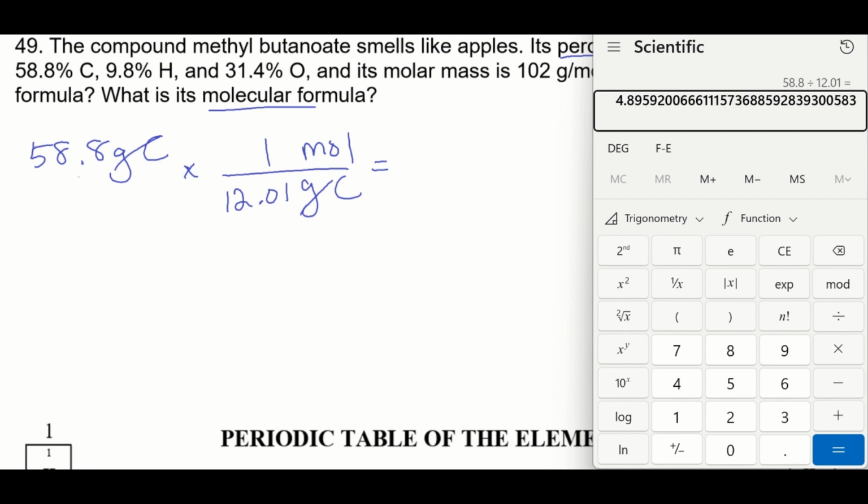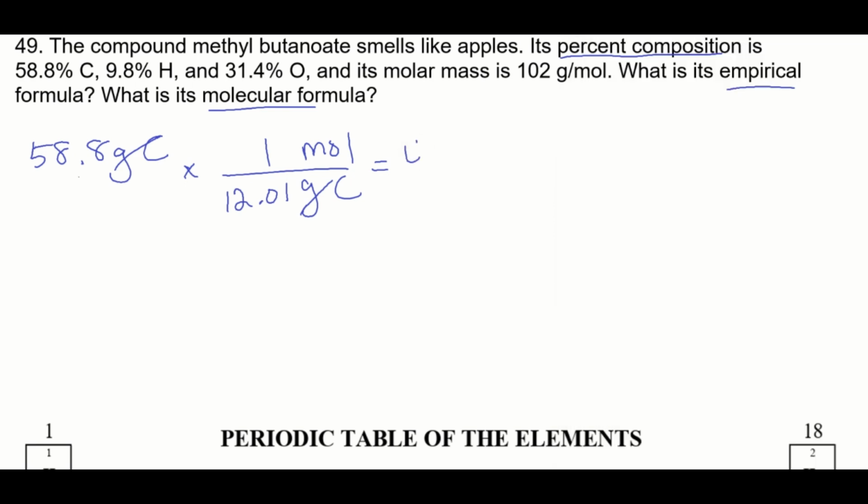And we don't need to go crazy with the precision here because it's going to turn out to be pretty close to a whole number is what we're looking for when we get to the mole ratios. So this is going to be 4.89 or 4.90. Let's just get three significant figures.